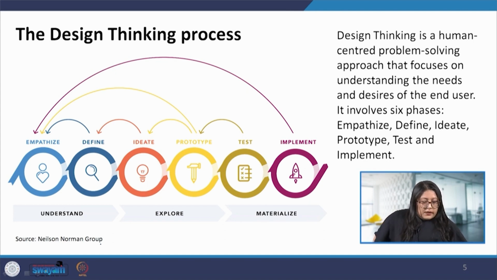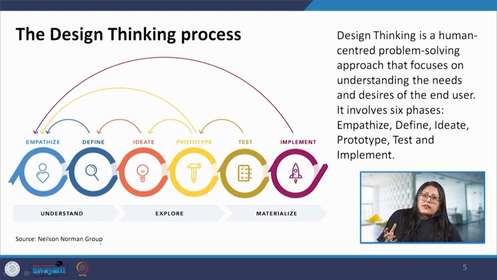Now the next step here is to ideate. So here we generate ideas, and there is no restriction in this particular stage. The whole team is free to come up with interesting ideas, out of the box ideas, ideas that may or may not be implemented. But this stage requires the team to come up with multiple ideas so that we can then choose the best out of these.